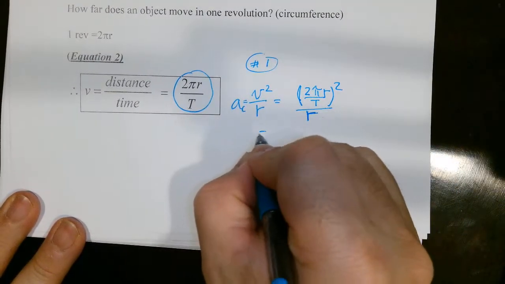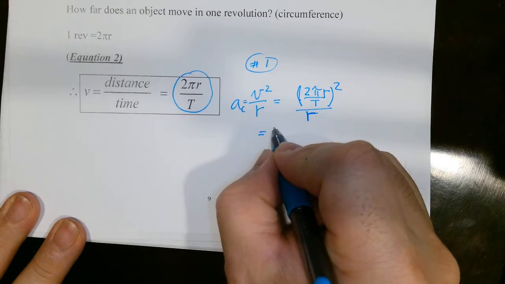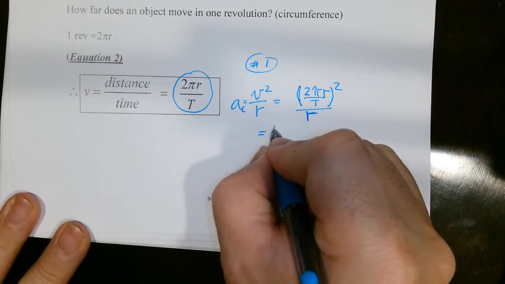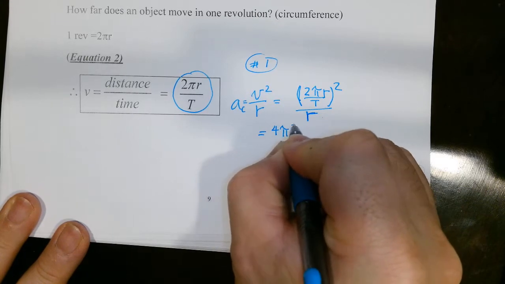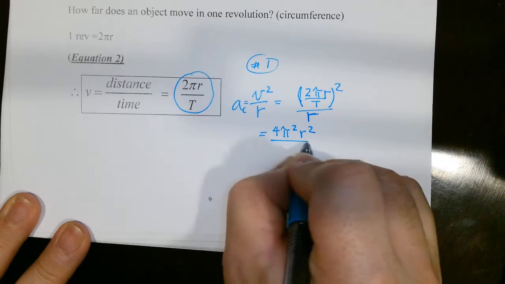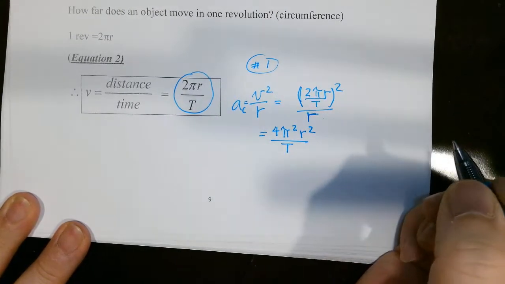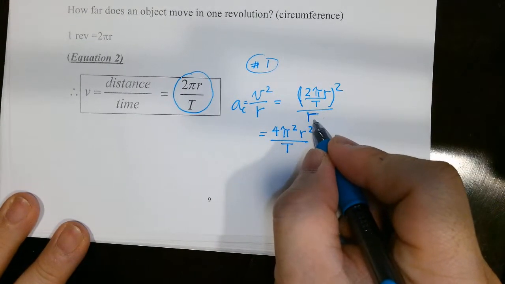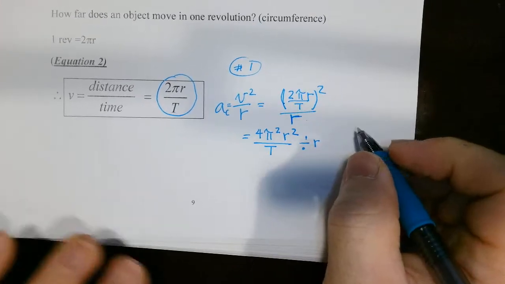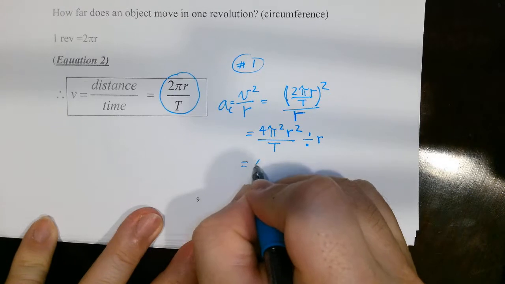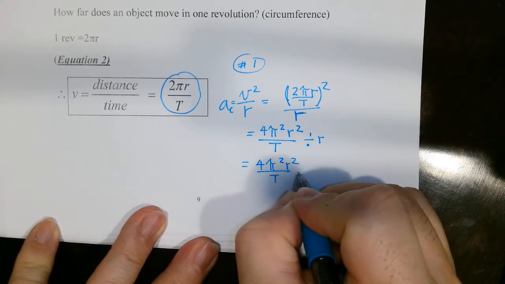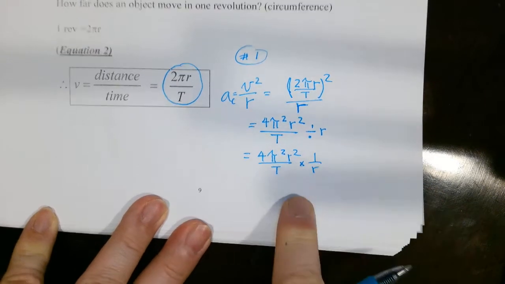So here I get, if I square the top here, I get 4 pi squared r squared, and then if I square the bottom, I get T squared. Now divide by r, and that is the same as 4 pi squared r squared over T squared times 1 over r, the reciprocal, right?